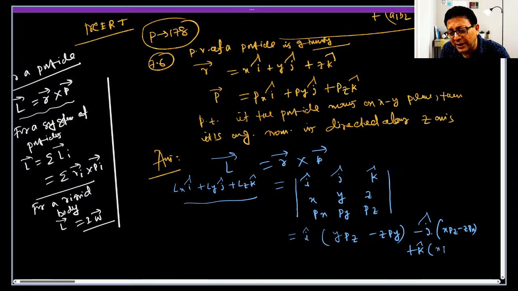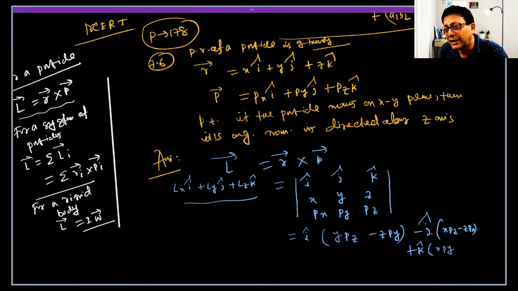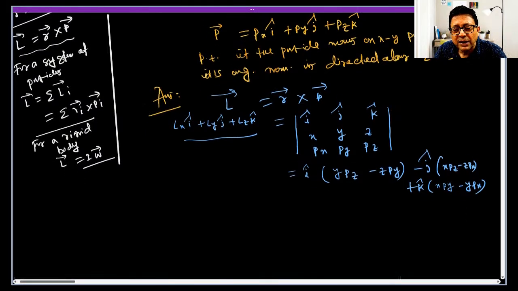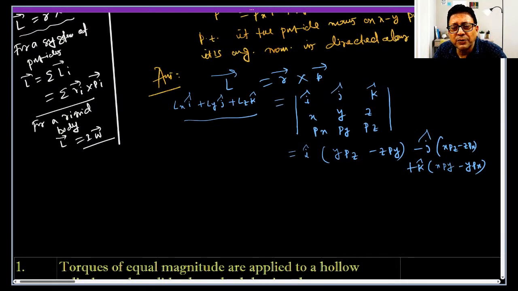And this will be xpy minus ypx. Now this L has three components: Lxi, Lyj, Lzk.